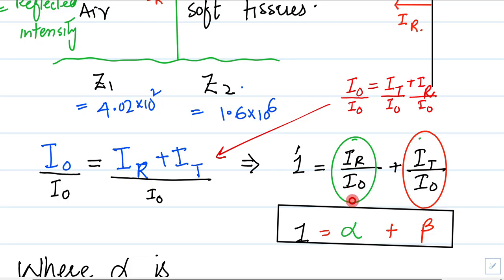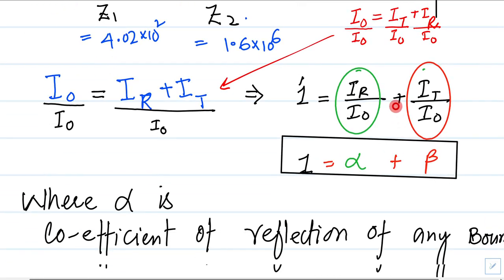So the ratio of IR to I naught is your alpha, and the ratio of IT to I naught is your beta. These two are very, very important points to remember.